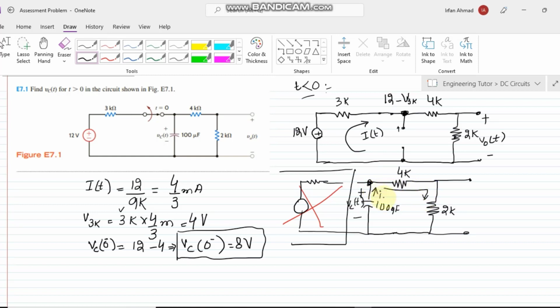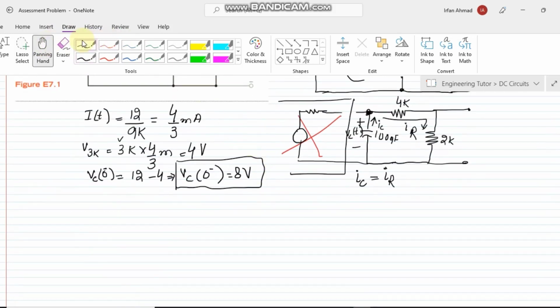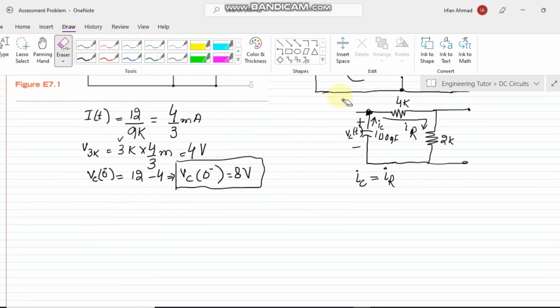According to the KCL, the current flowing towards this node is equal to the current flowing away from this node. So here I of C will be equal to I of R. This is I of R and this is I of C. Okay, so that is the condition here. Let me remove this circuit as we are not going to touch this one.